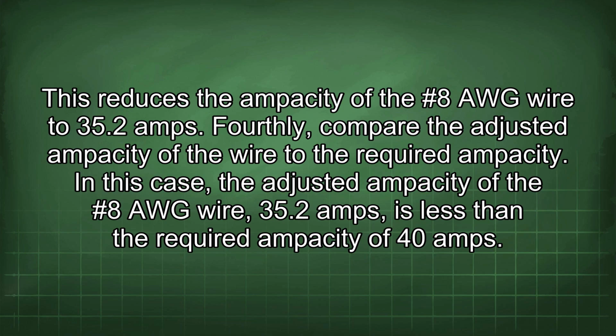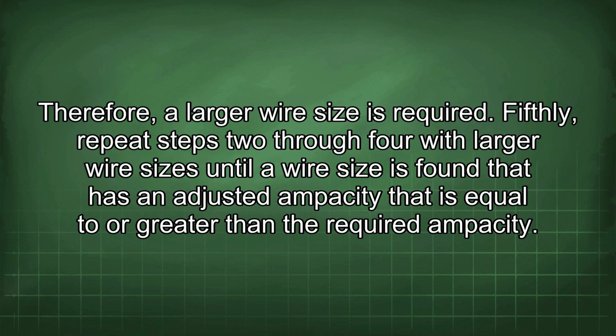In this case, the adjusted ampacity of the #8 AWG wire, 35.2 amps, is less than the required ampacity of 40 amps. Therefore, a larger wire size is required. Fifthly, repeat steps 2 through 4 with larger wire sizes until a wire size is found that has an adjusted ampacity that is equal to or greater than the required ampacity.